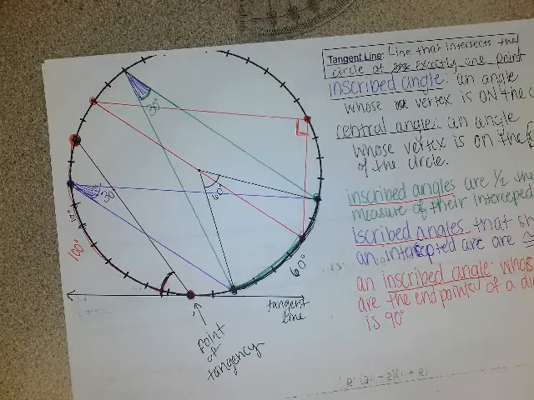Where's your new one? Okay, so this is measuring this, right? This needs to go on your vertex. Then you need to line up one side of the angle with 0. No matter which side, pick one. I'm going to line this up with 0.